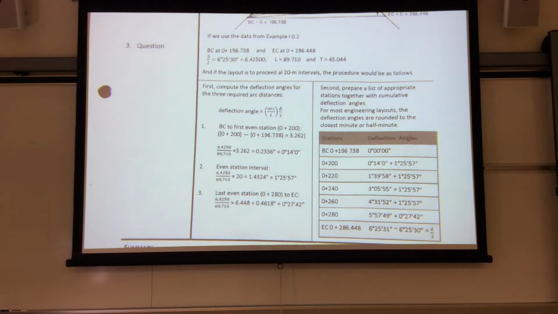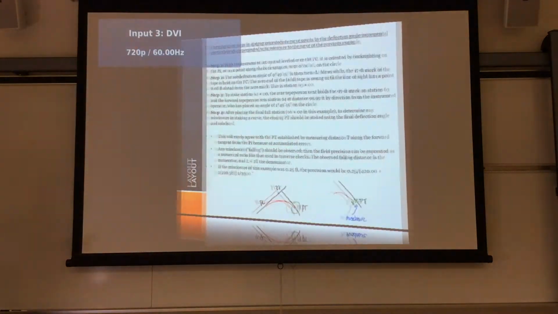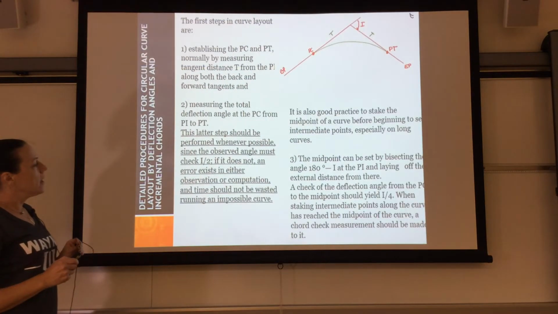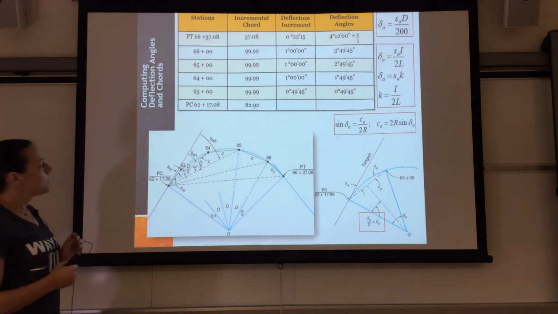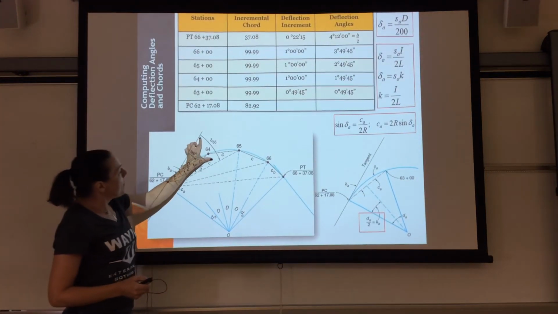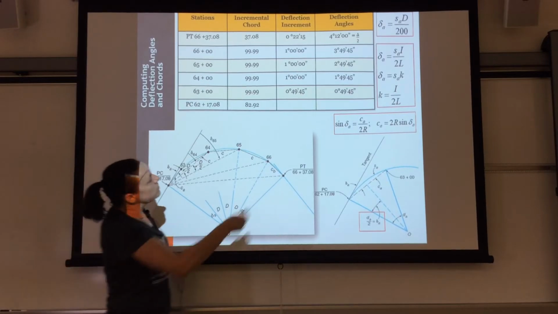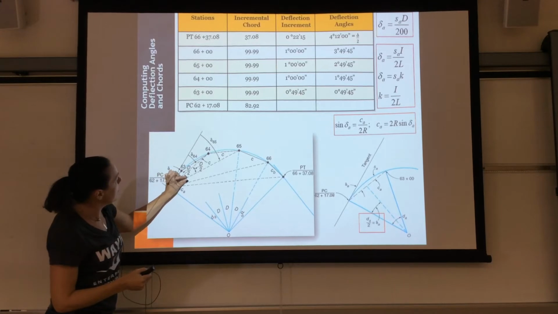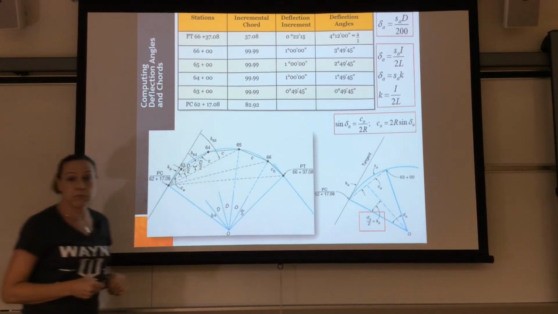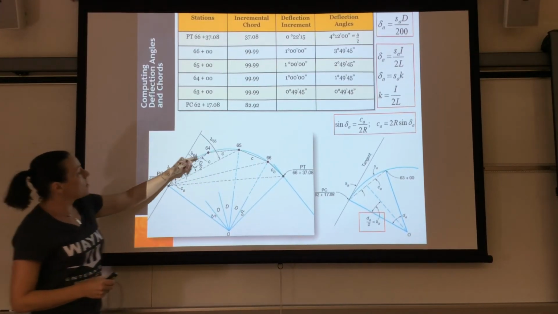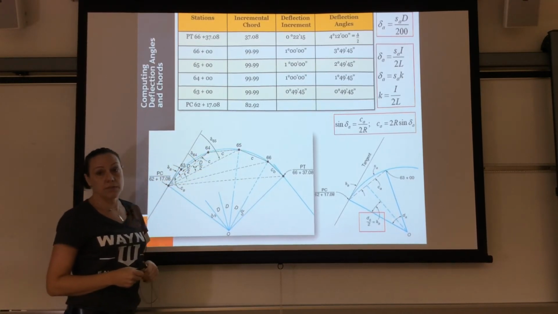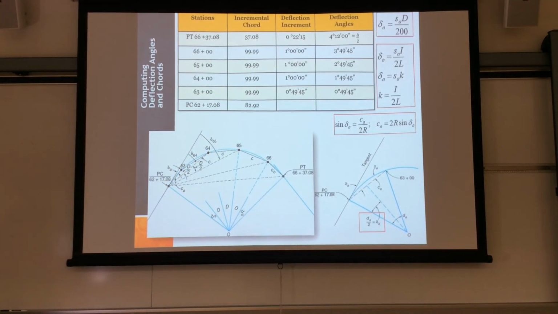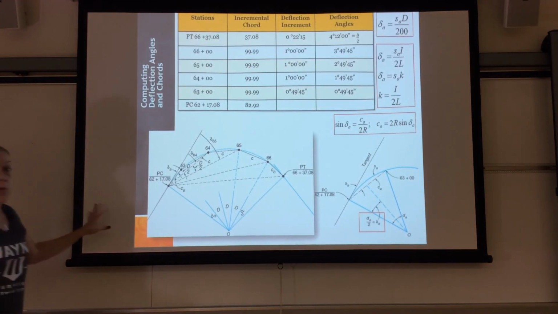Now, I'm going to go back a couple of slides and let me go back to the PowerPoint. When we're talking about laying them out in the field, from here to here is the total deflection angle. Okay? The subdeflection angles are going to be these incremental pieces in between. All right, just FYI. So we'll set up and turn the angles there. All right. So I'm going to pause here, and then we're going to go over what your homework assignment is.